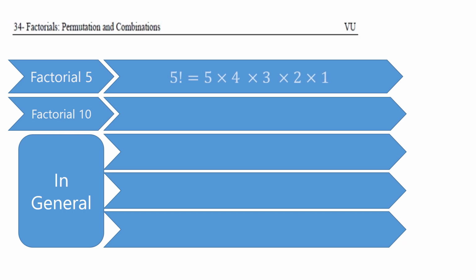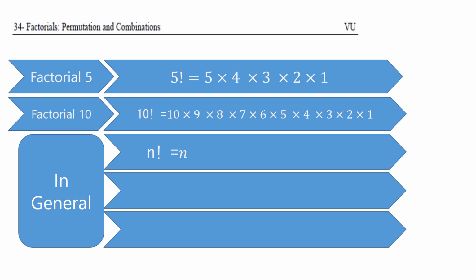Factorial of 5 is equal to 5 multiply 4 multiply 3 multiply 2 multiply 1, and also factorial of 10 is equal to 10 multiply 9 multiply 8 multiply 7 multiply 6 multiply 5 multiply 4 multiply 3 multiply 2 multiply 1.